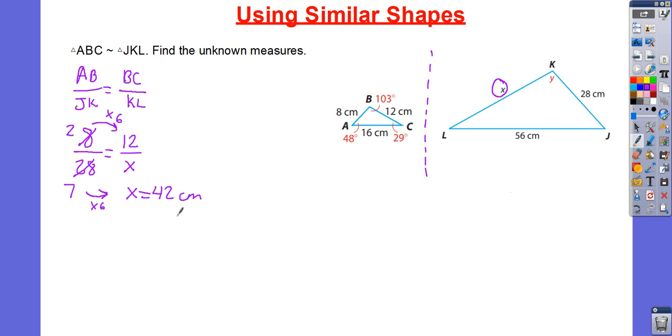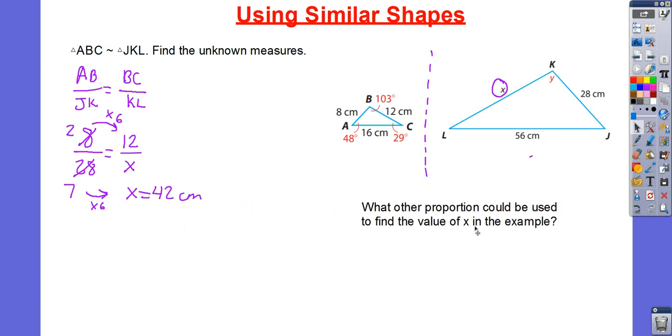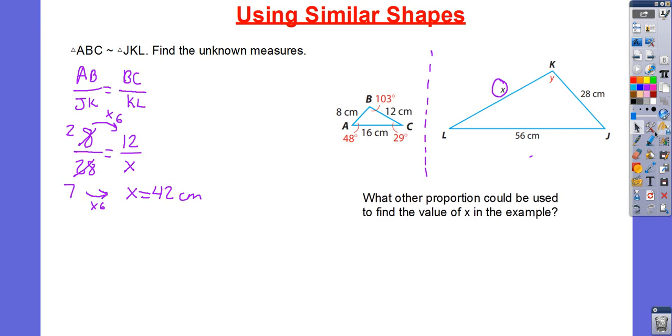Now, could I have solved it another way? Could I have used another corresponding side? Alright, so here's our question. What other proportion could be used to find the value of X in the example? So I could go ahead and use AC.